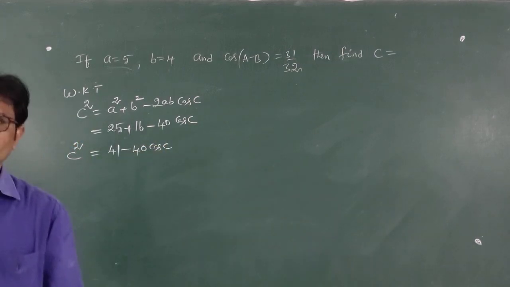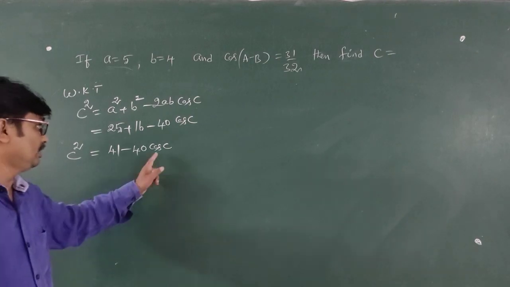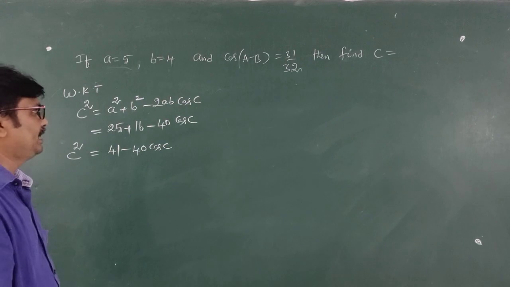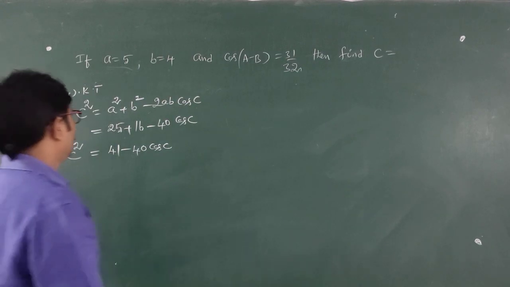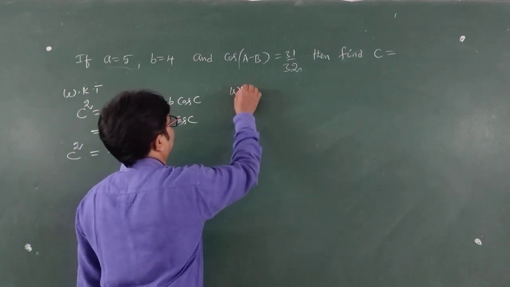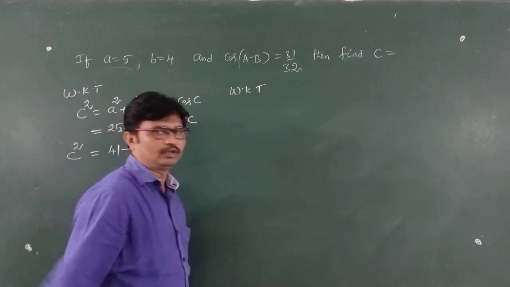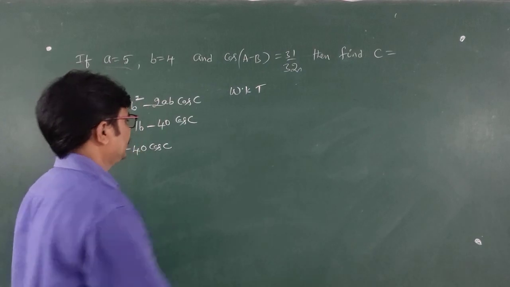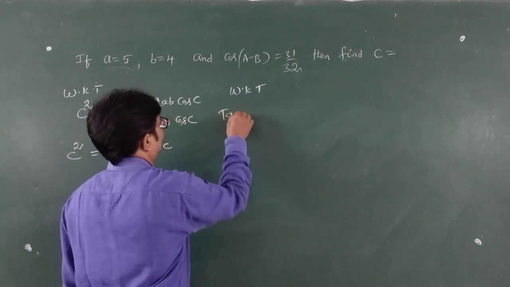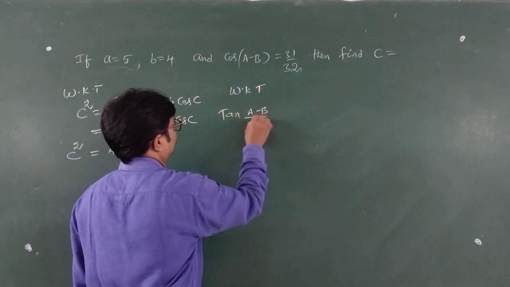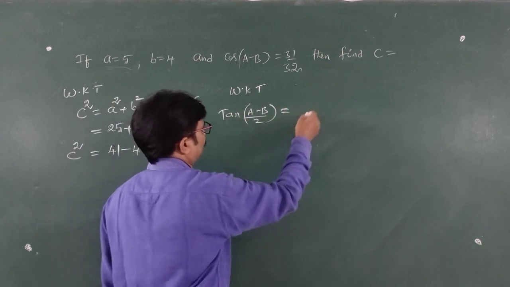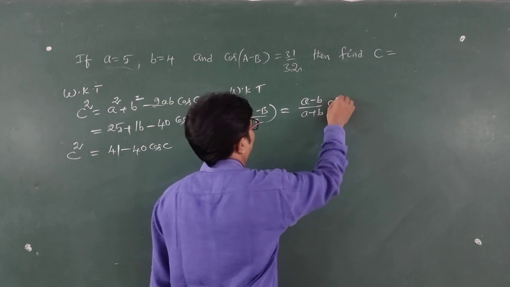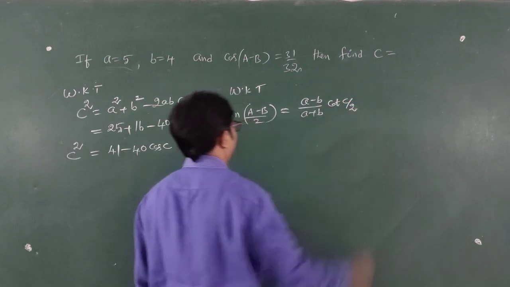Now students, we are looking to find the value of cos c. What is given is the cos of A minus B. Now students, we have to know that from the tangent or Napier analogy, tan of (A − B)/2 equals (a − b)/(a + b) into cot of C/2.